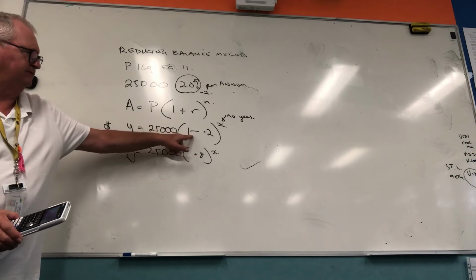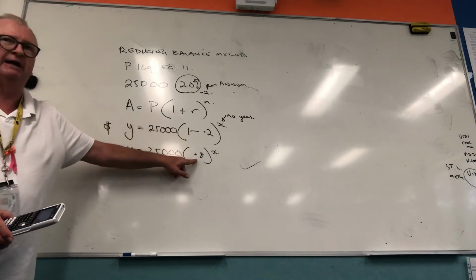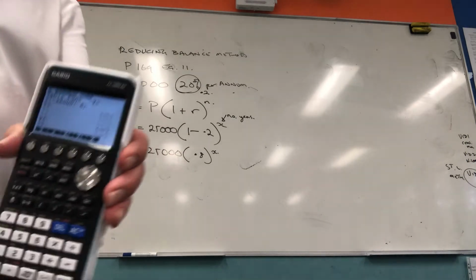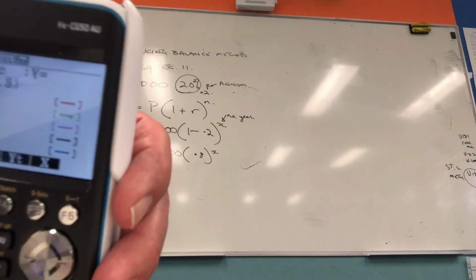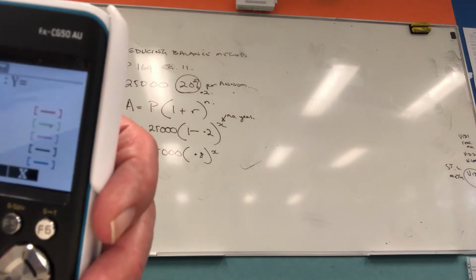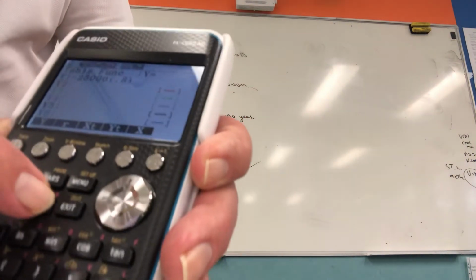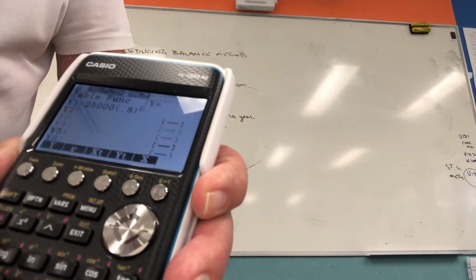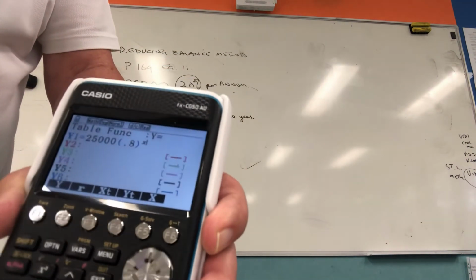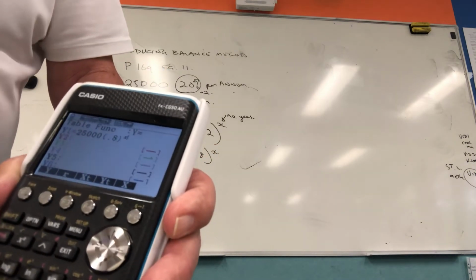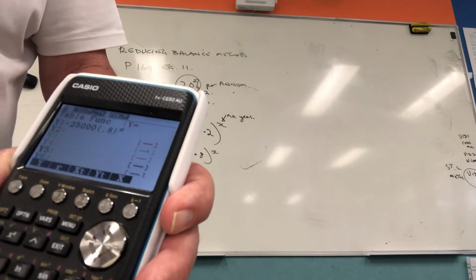I'm quite capable of saying 1 minus 0.2 is 0.8. So at the moment, I've got $25,000 times 0.8. I need to raise that to the X power. So I press the raise button and then I press the X button. And I end up with that. Which X? The X theta T, the one below alpha.